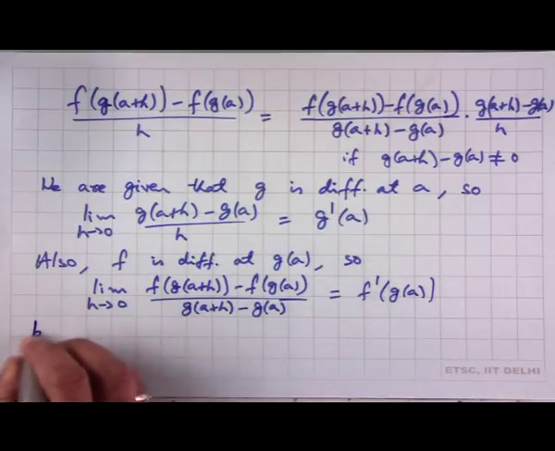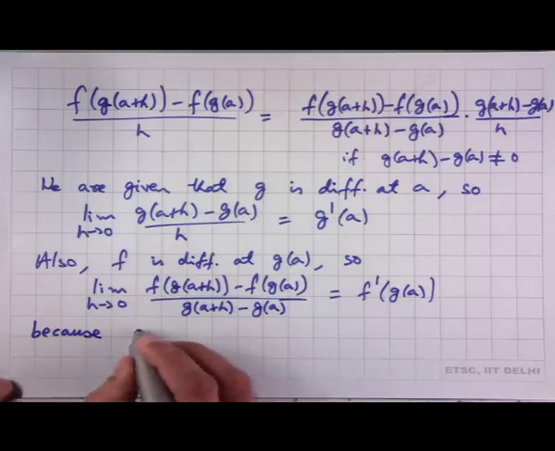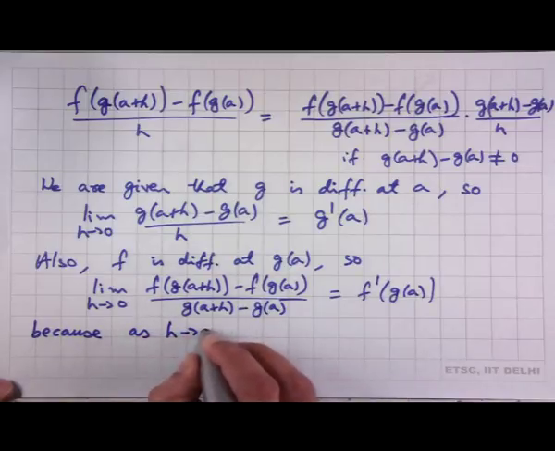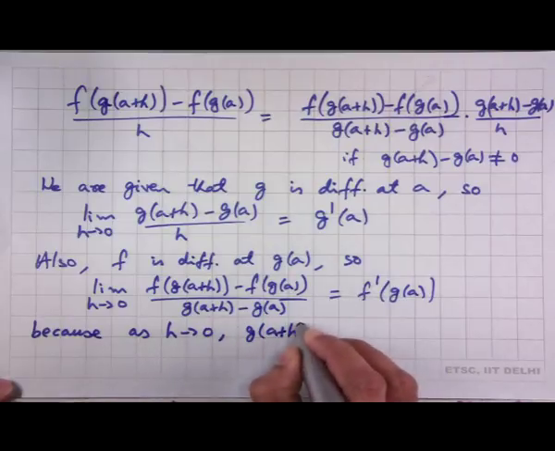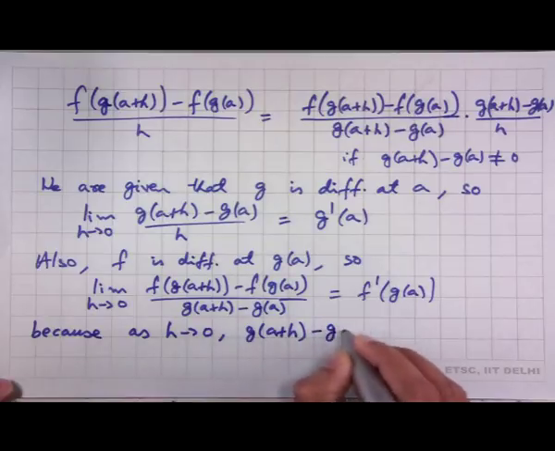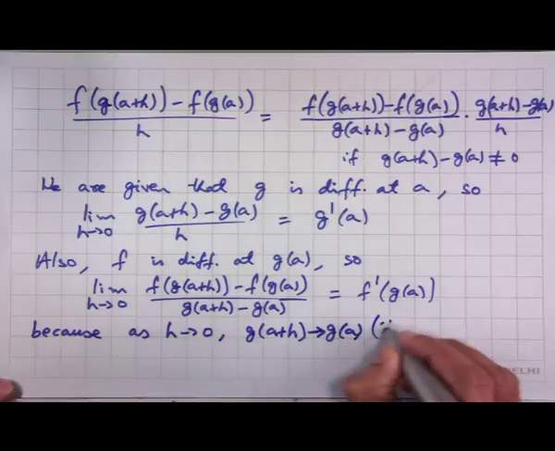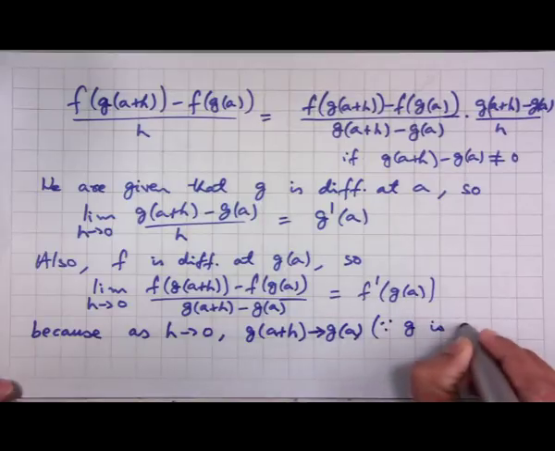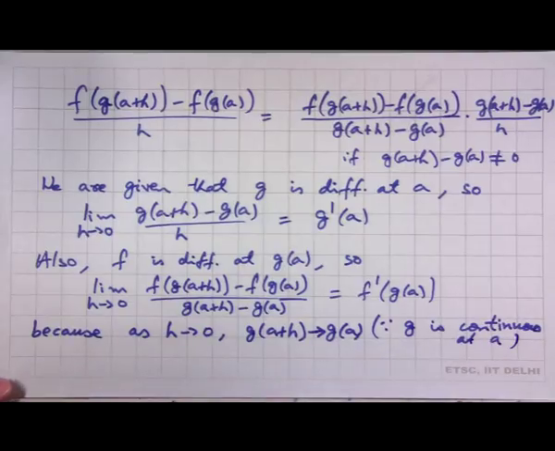This is because as h goes to 0, g of a plus h goes to g of a. This is since g is continuous at a. We have seen that if g is differentiable at a, then it is also continuous.